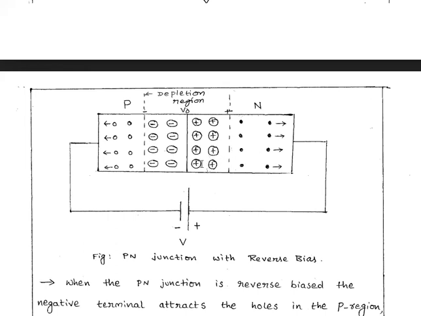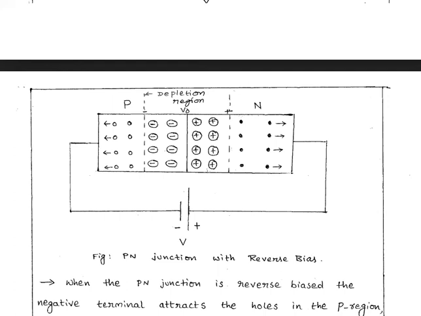Hence, the resultant potential barrier is increased, which prevents the flow of majority charge carriers in both directions. Therefore, theoretically, no current should flow in the external circuit.